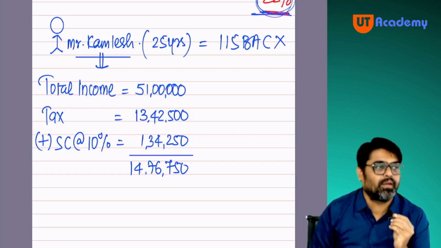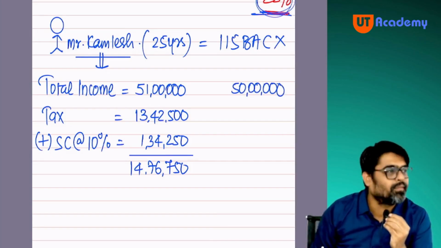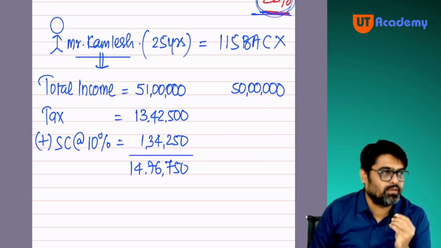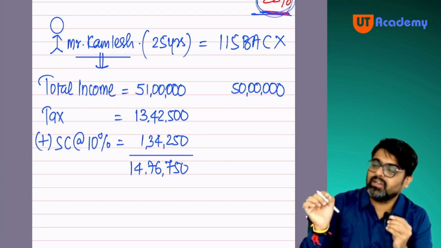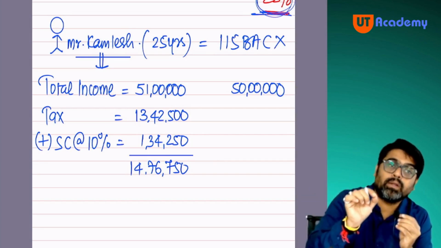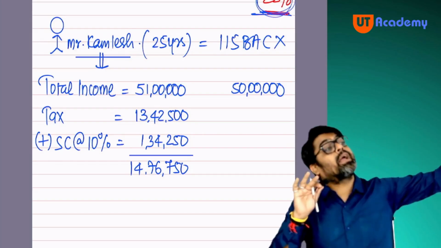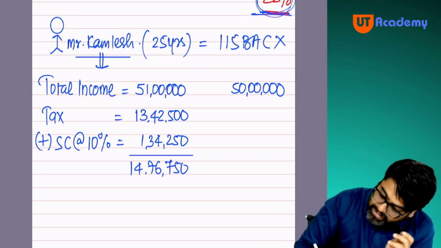Because see, if he would have earned a total income of 50 lakhs only, he would just have to pay tax and not surcharge. But since his total income is becoming a little bit higher than 50, there is an increase in total income.